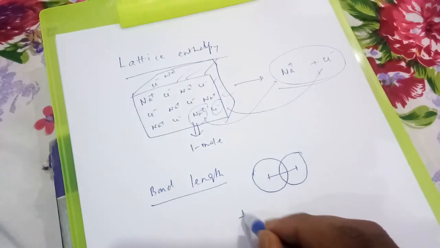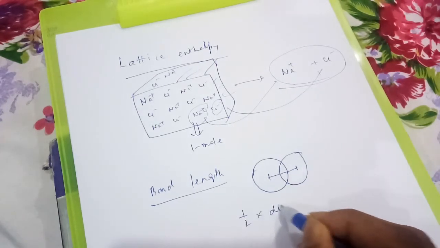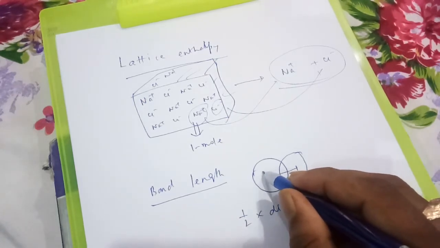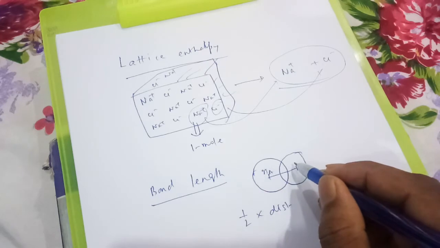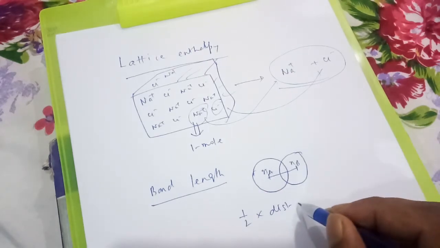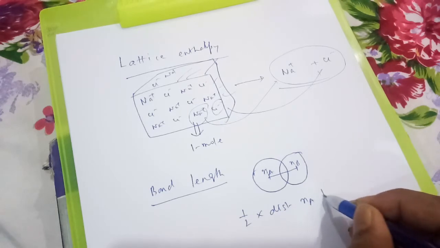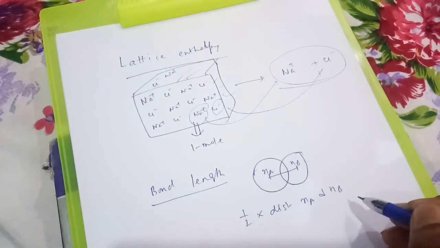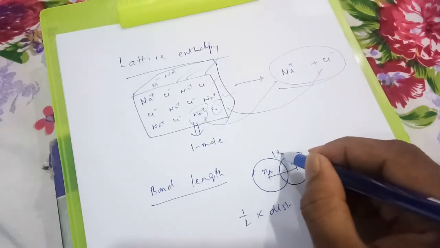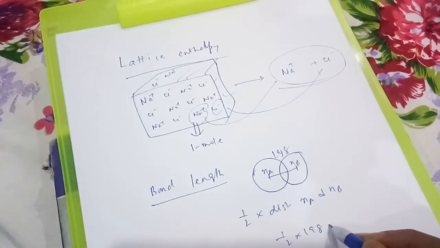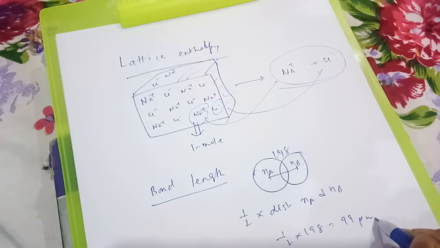If this is the nucleus of the first atom and this is the nucleus of the second atom, it is half of the distance between Na and Nb. If it is 198 picometer, then half of 198 equals 99 picometer.